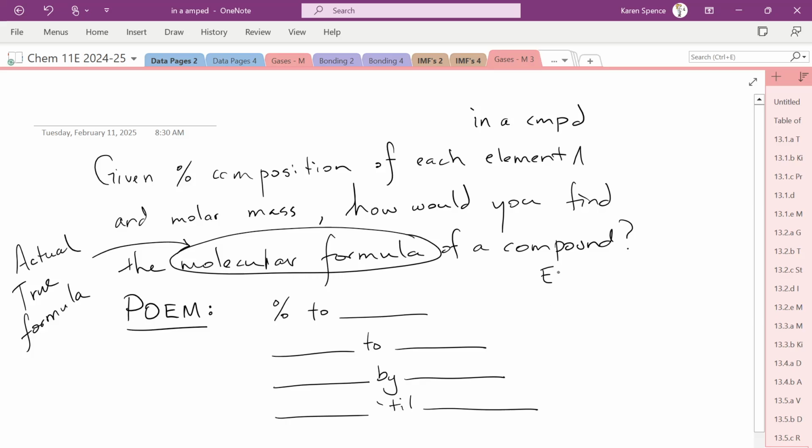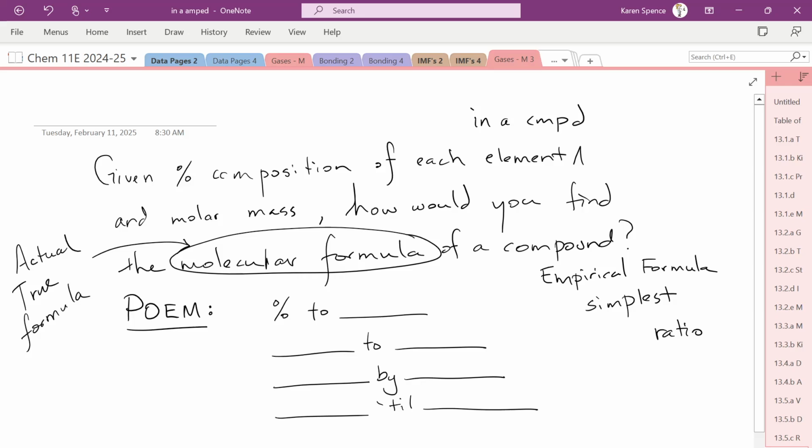And the empirical formula is the simplest. What is it? It's the simplest ratio. What kind of ratio? Can I have decimals in it?